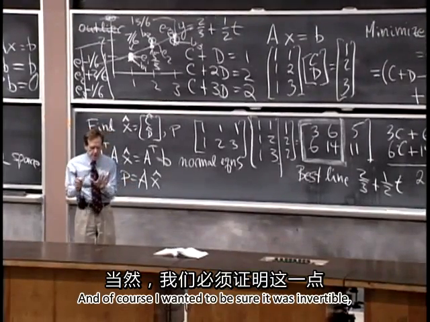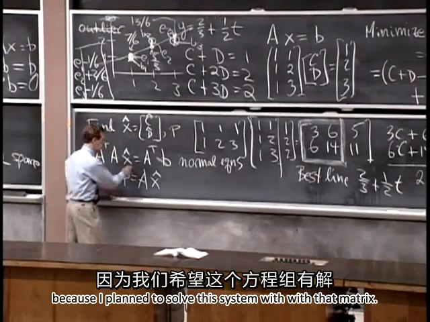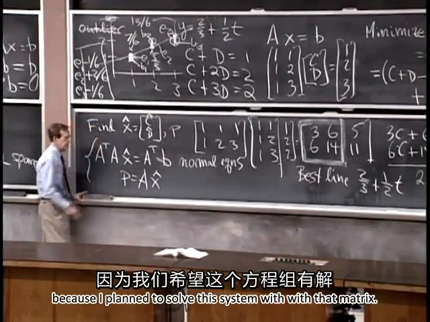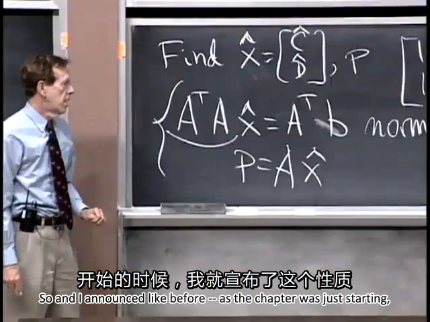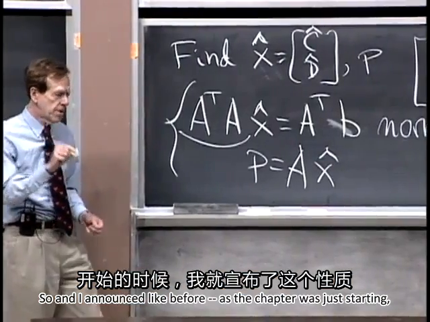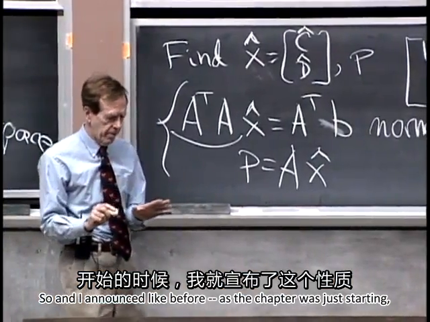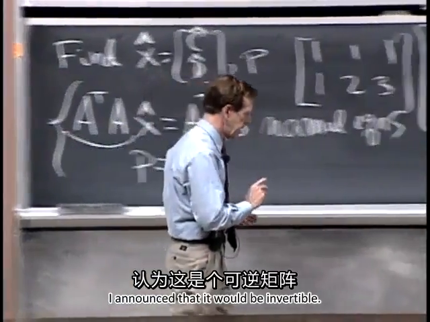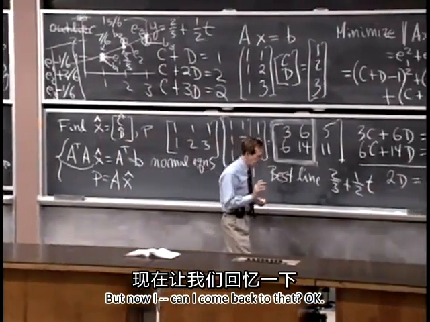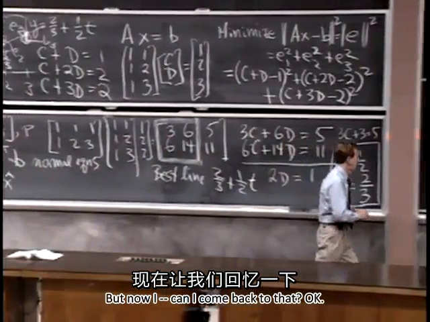And of course, I wanted to be sure it was invertible because I planned to solve the system with that matrix. And I announced, like, before as the chapter was just starting, that it would be invertible. But now, can I come back to that?